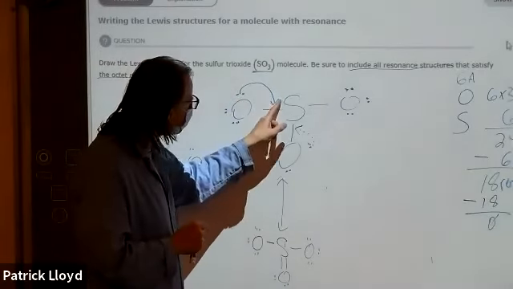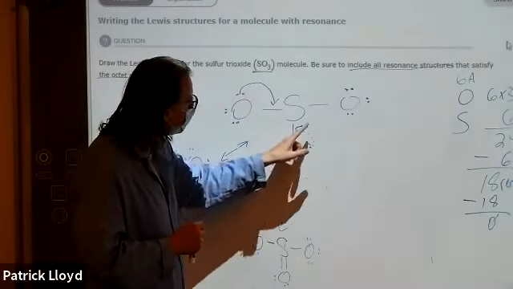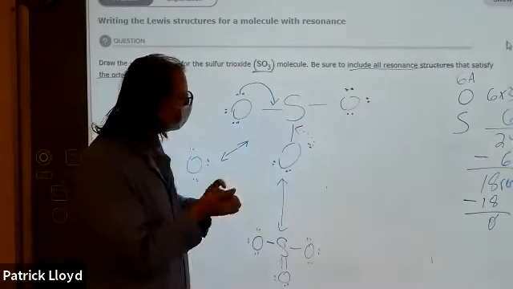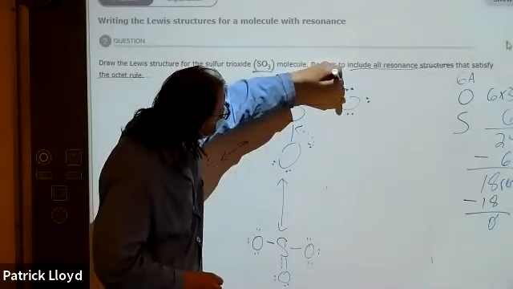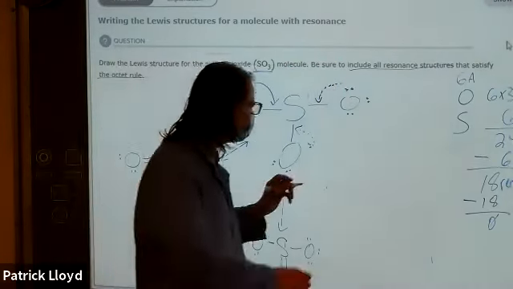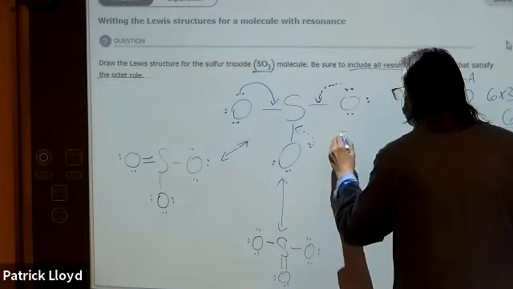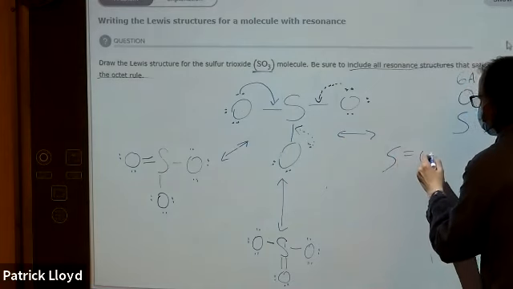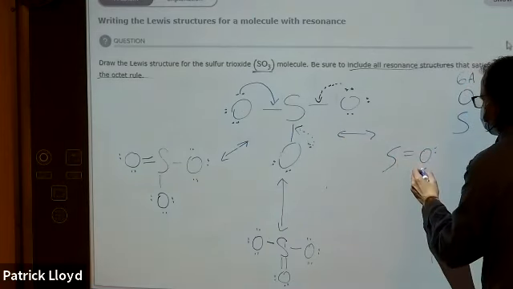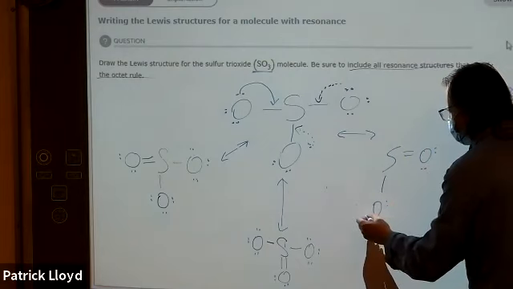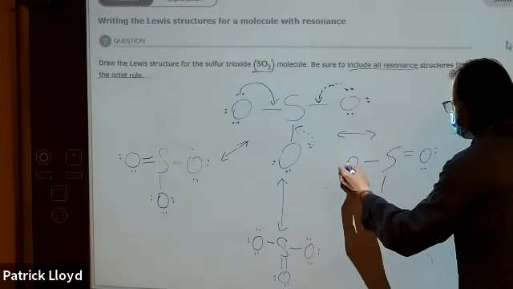Instead of this oxygen, we could have also used this one over here. We could have done this: put the double bond over there, and that would work too. You get a third. So you have a double bond over here on the right, and then a single bond down here, and then a single bond over here.